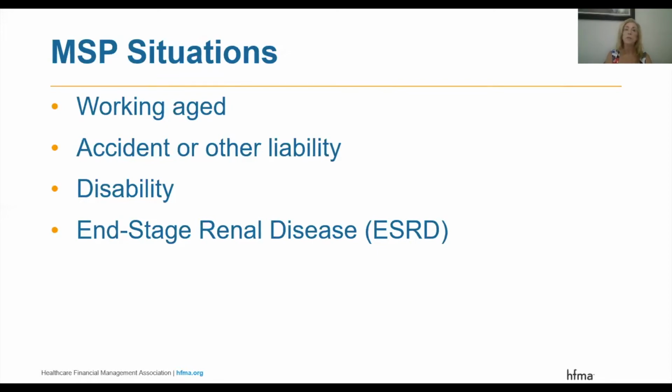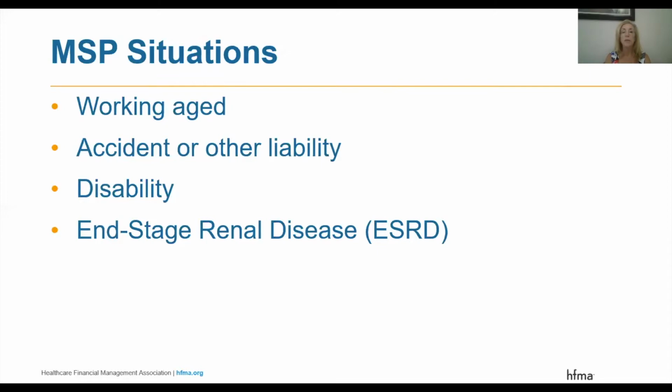Disability: the patient is eligible for Medicare due to a disability, is under the age of 65, and has group health insurance coverage through a large group health plan. That is defined as a plan provided by an employer that has 100 or more employees.